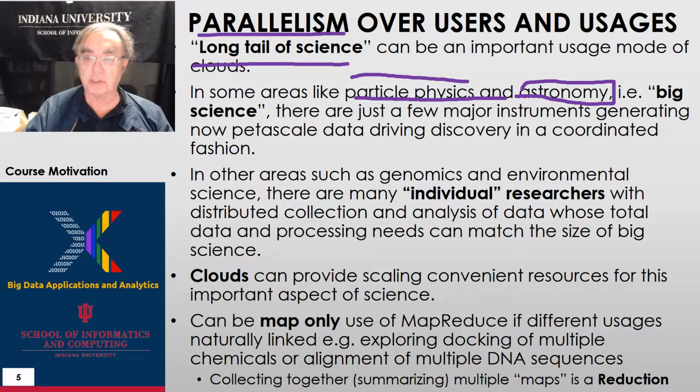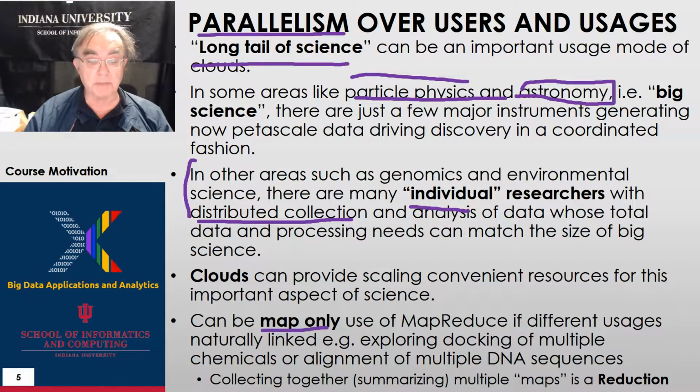These produce a stream of events or images which can be run well on clouds. A good example of the long tail is genomics and environmental science, which gather data in a distributed fashion, and this data is nicely integrated, with analysis on the cloud.